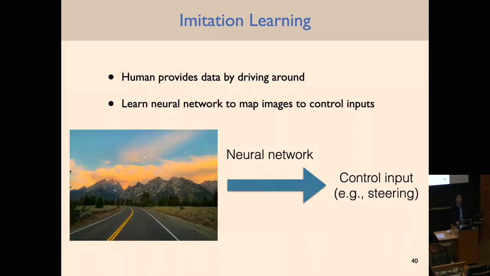But yeah, what's interesting here is that they were using imitation learning. So basically, you have a human that shows the robot how to drive. The human provides lots and lots of data of just driving around in different road conditions. And then essentially you can think of this as an analog to image recognition, right? So this is a supervised learning problem.